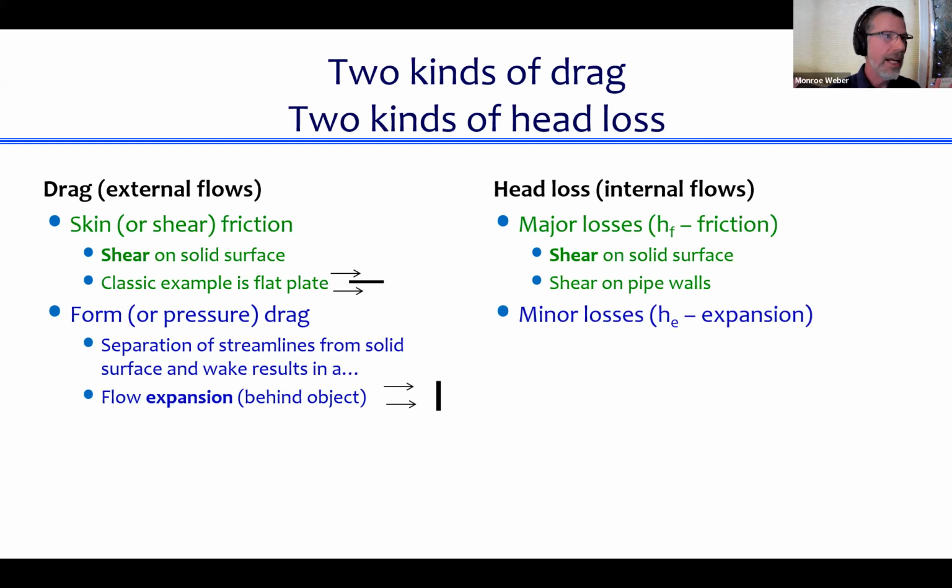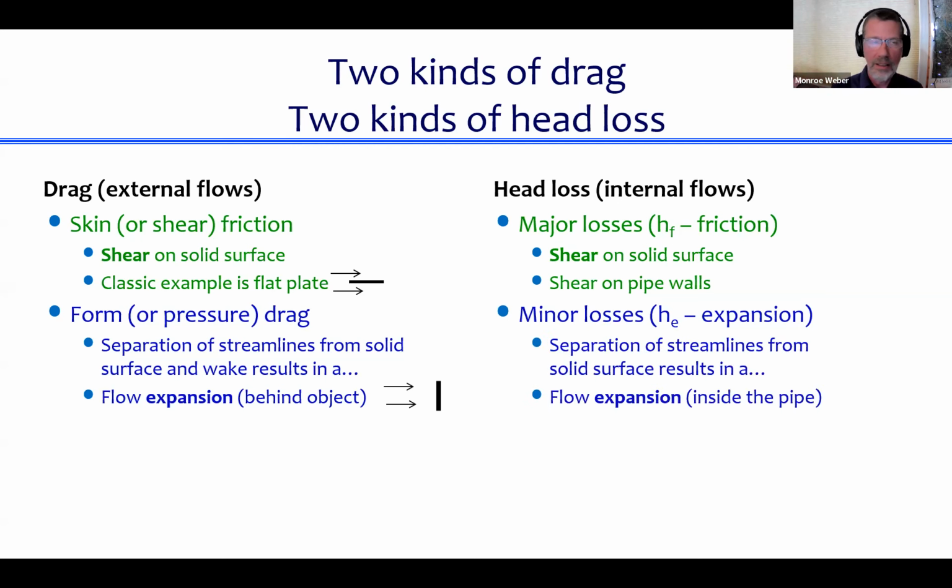Minor loss, and by the way, I think that calling them major and minor losses did none of us any good, because major losses can be minor and minor losses can be major, and those words don't actually help us understand what we're talking about. If you want to correct it in your own mind, whenever we say major losses, you should be thinking about shear, and whenever we talk about minor losses, we should be thinking about the fact that there was a flow expansion inside the pipe, and we're talking about a pressure drag.